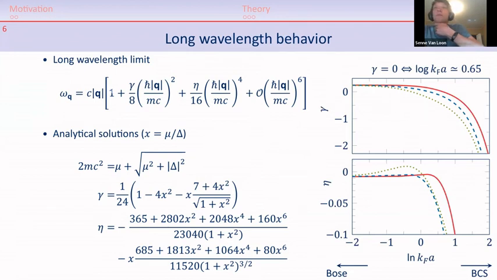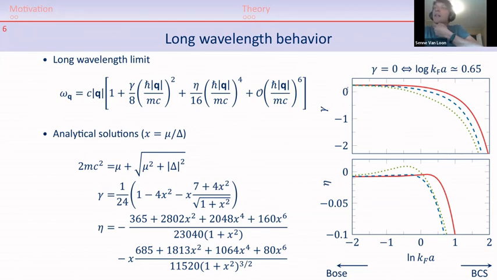I'm showing these two dimensionless parameters, gamma and eta, here again in terms of the interaction. So gamma is the most important one here. I again show the results for the different approximations where the dotted green line would be only phase fluctuations. The blue dashed line is phase and modulus fluctuations, but using the saddle point equation of state, and then the red line is with the Gaussian fluctuations included.